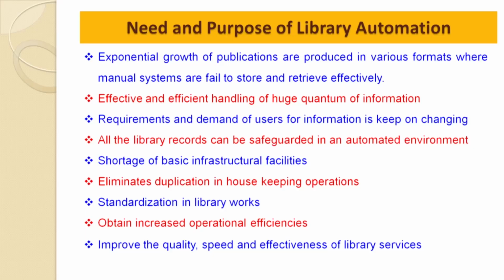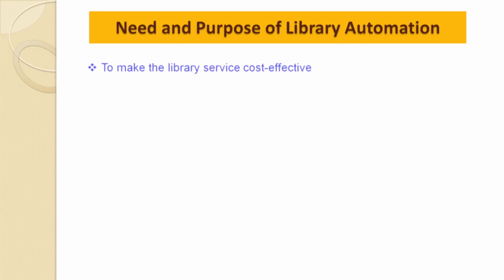Each and every activity will have some kind of order or system, that is standardization, so that it can be performed well. It also increases the speed, effectiveness and quality of the services and activities performed in the library.